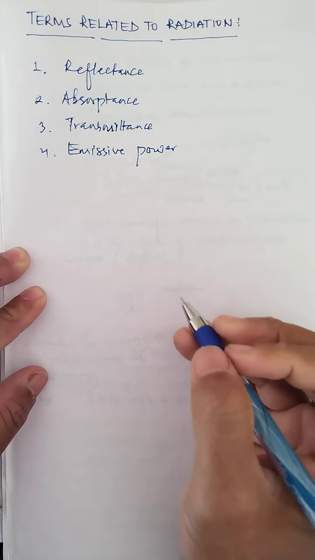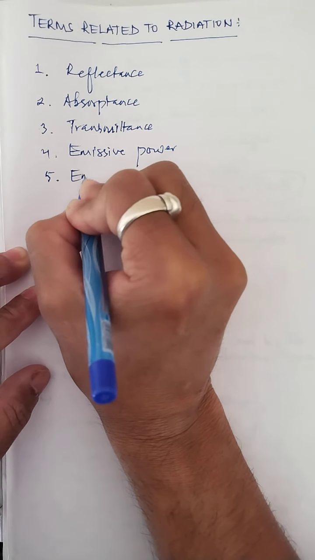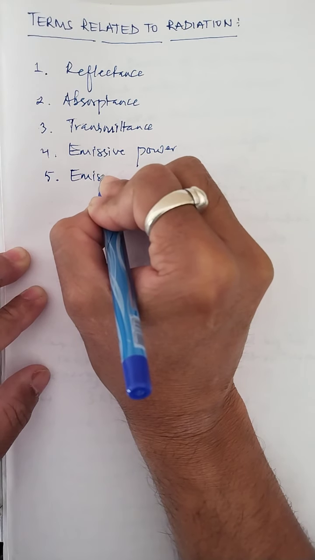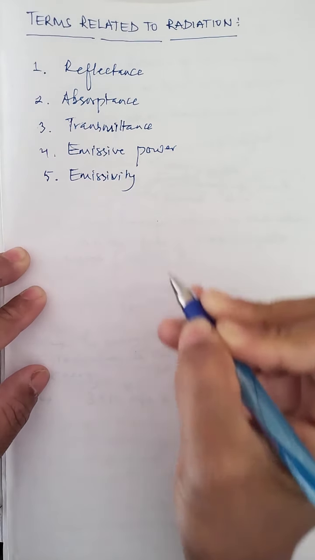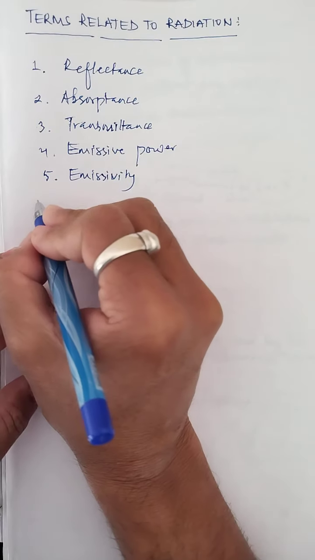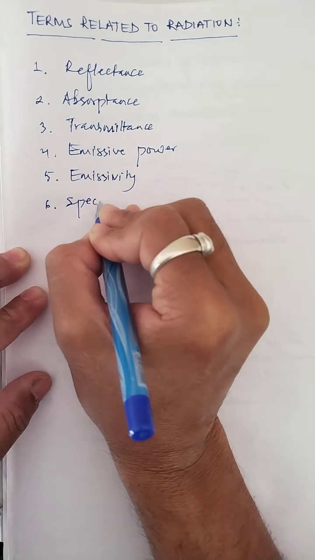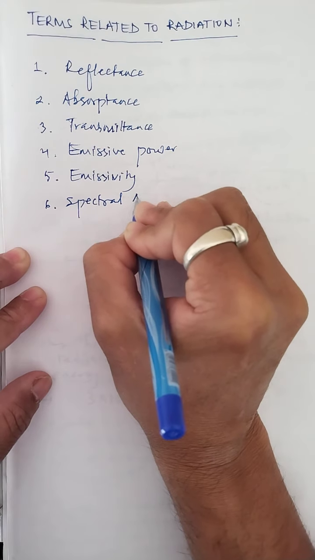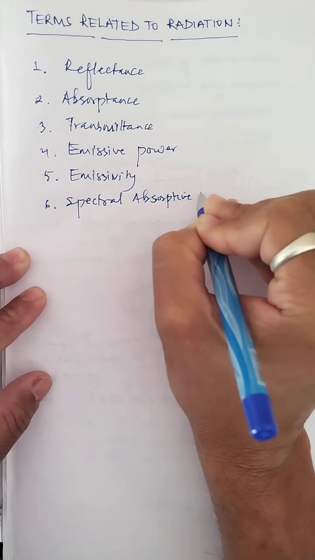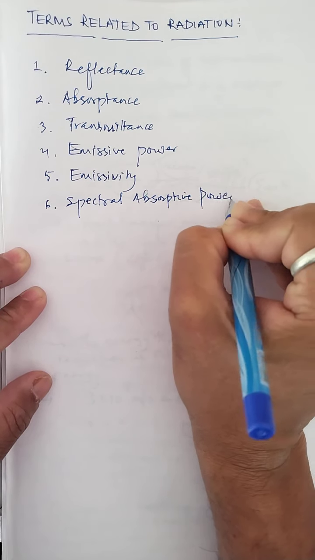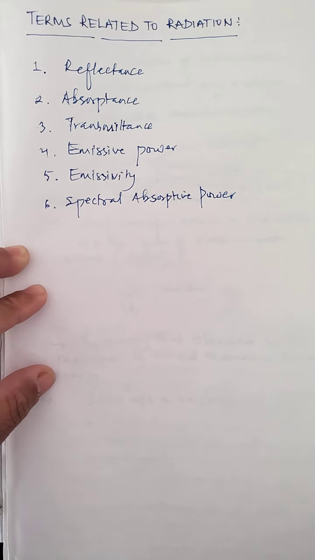Then we have a term called emissivity. Similarly, there is a term we need to define called spectral absorptive power. So these are the terms that are related with radiation.